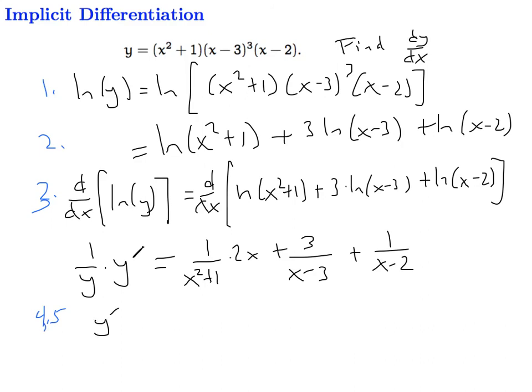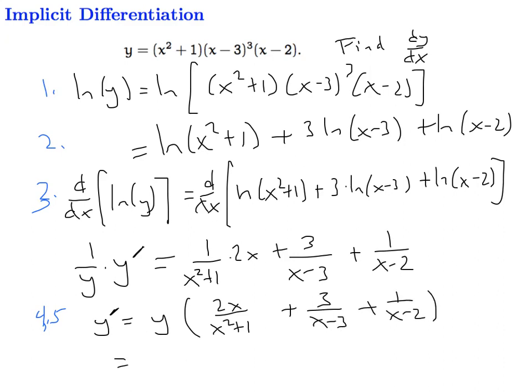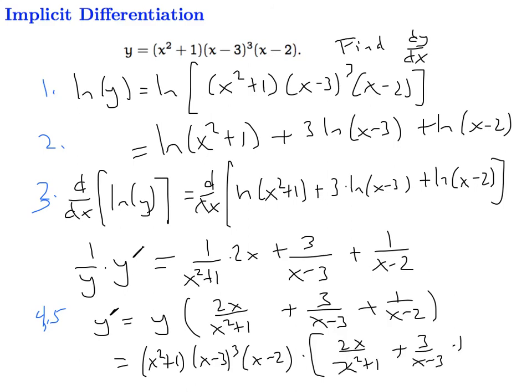This tells me that my derivative is equal to y times (2x over (x squared plus 1) plus 3 over (x minus 3) plus 1 over (x minus 2)), which equals, when we're all said and done and I replace with all my y's, (x squared plus 1) times (x minus 3) cubed times (x minus 2) times, in parentheses, 2x over (x squared plus 1) plus 3 over (x minus 3) plus 1 over (x minus 2).